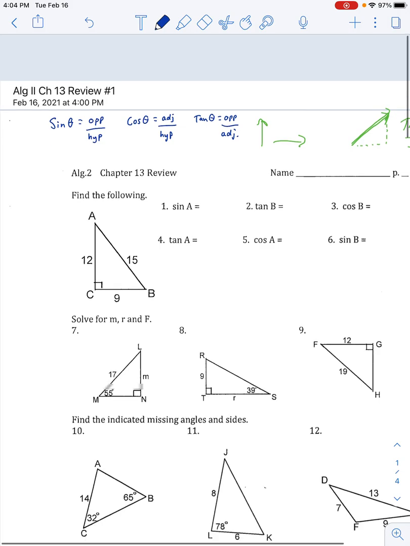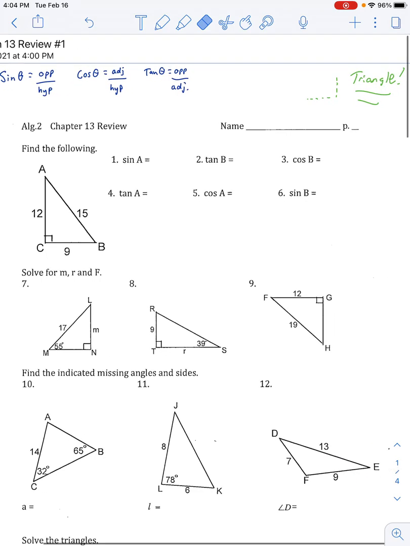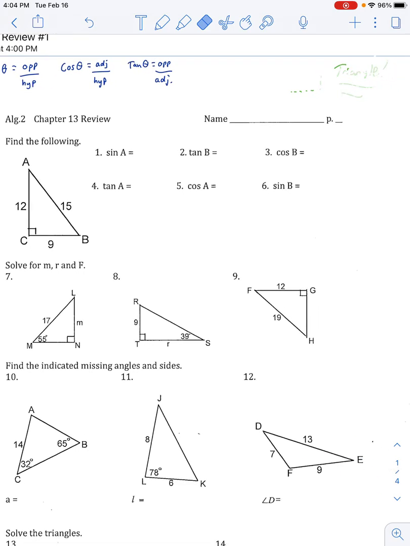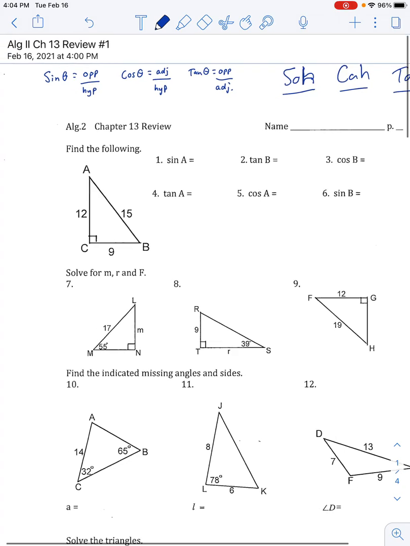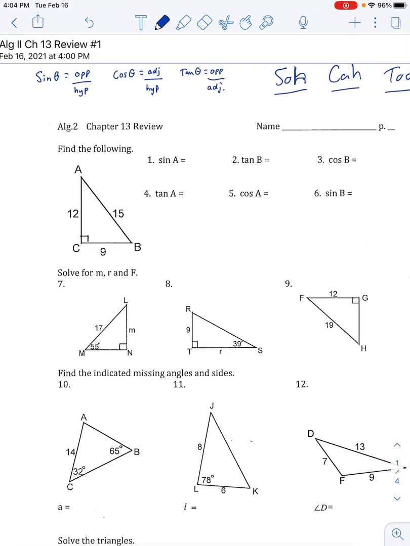This was always kind of hard for people to remember, so they made a little mnemonic device that you can use. I'm going to erase this just to get myself some more space. You've seen it before. It's called SOHCAHTOA. If you don't have these three things memorized, you can say, sine, that's the S right there.